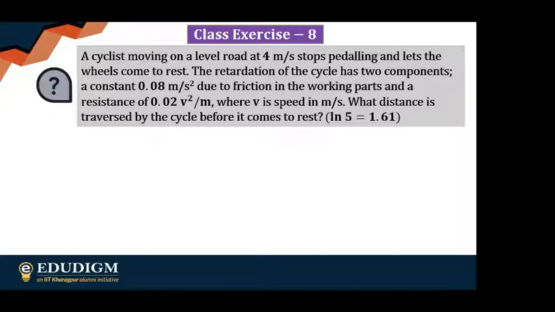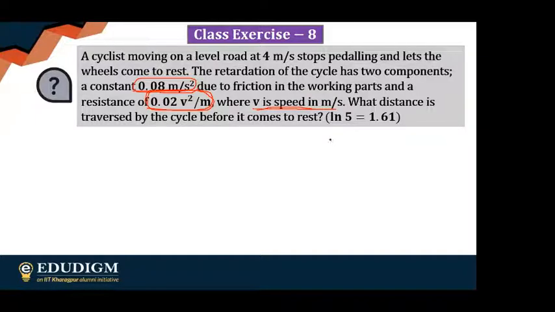The next one is dependent on V, so it's a function of V, and also there's a constant thing. So there's a constant retardation due to friction, and also a resistance with this particular thing involved.